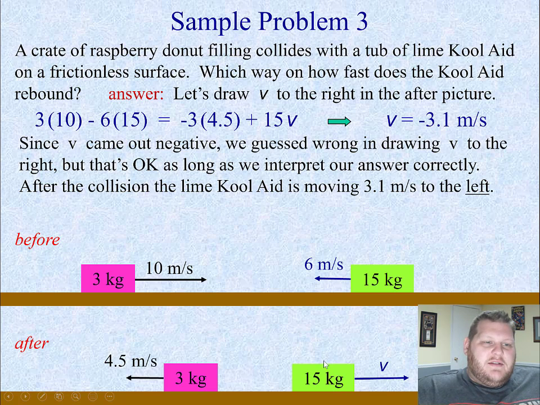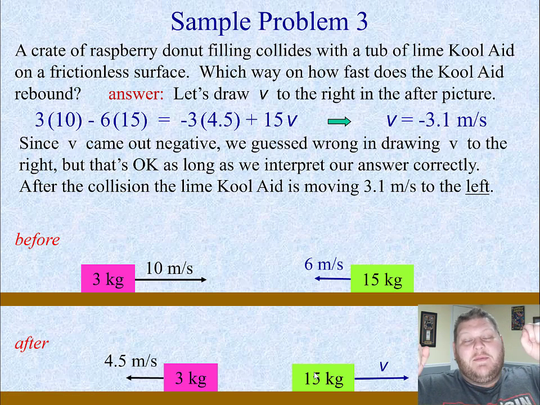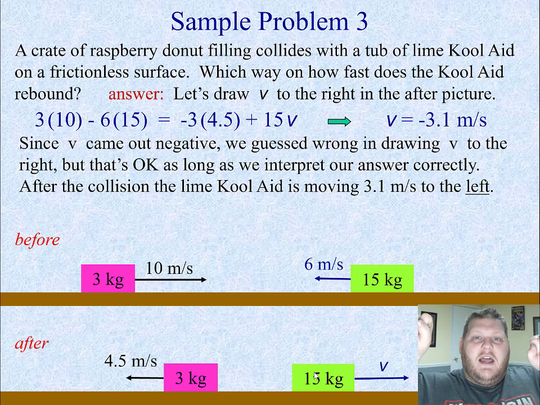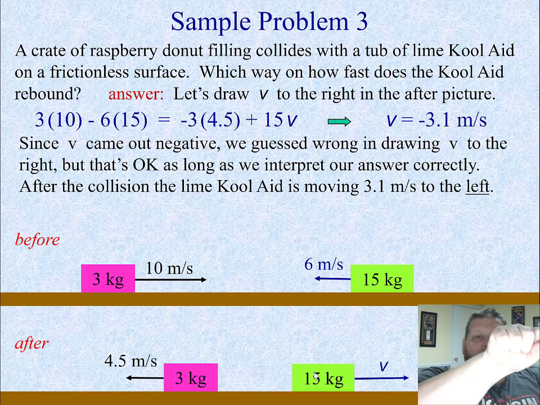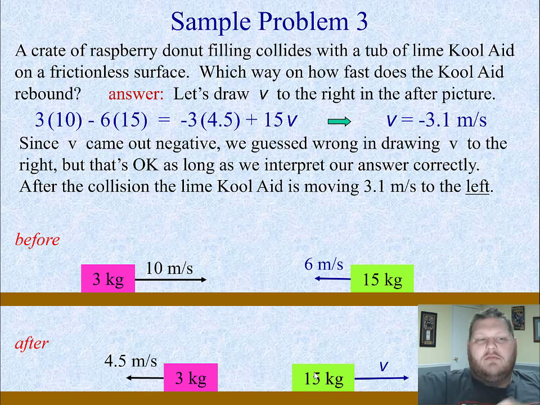This one has so much more mass compared to the other one that the raspberry donut filling and the lime Kool-Aid are going to come towards each other, collide, and the lime Kool-Aid is going to continue moving in that same direction. So it's got an end velocity of 3.1 meters per second to the left.